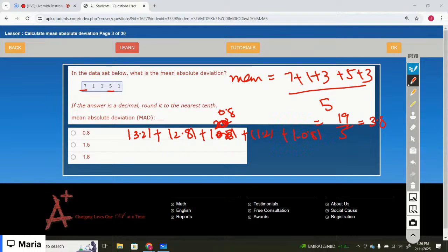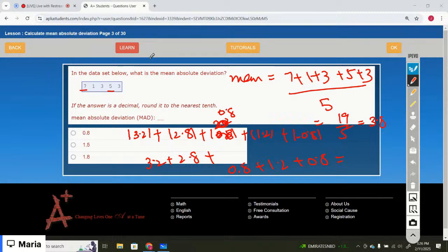So now you have to add them. Their absolute values are 3.2 plus 2.8 plus 0.8 plus 1.2 plus 0.8. Now let's add them all.